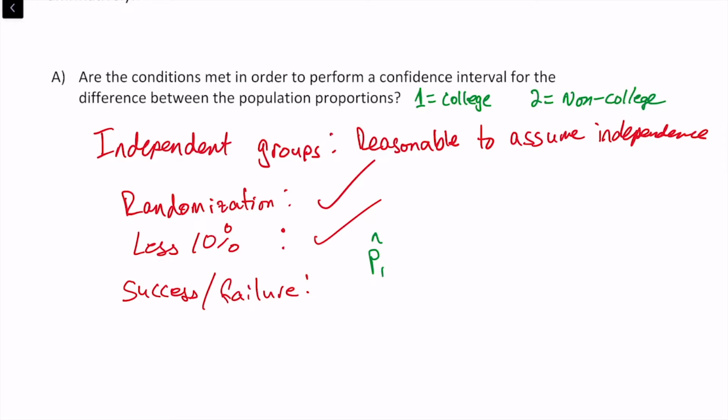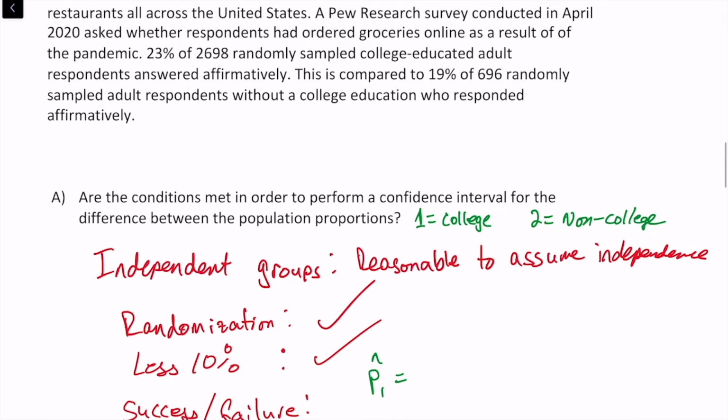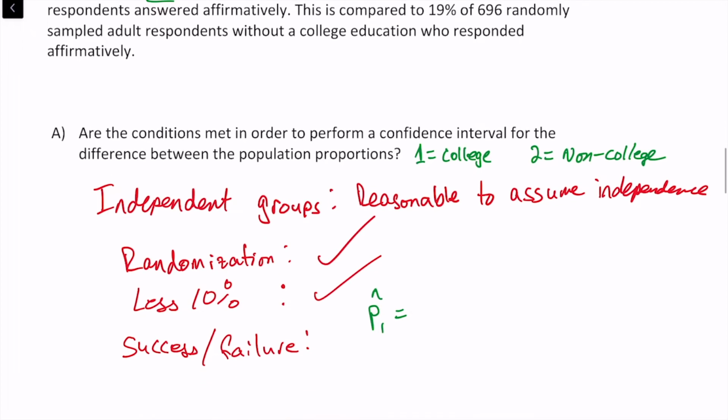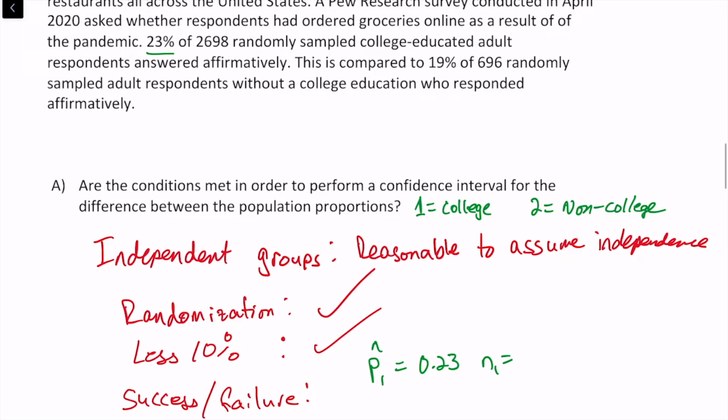P1 is the percentage in the sample of college educated that order groceries online: 23%. So P1 hat is 0.23, which means N1 is 2698.